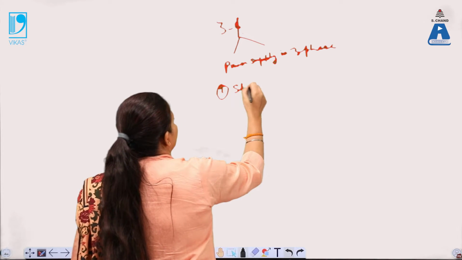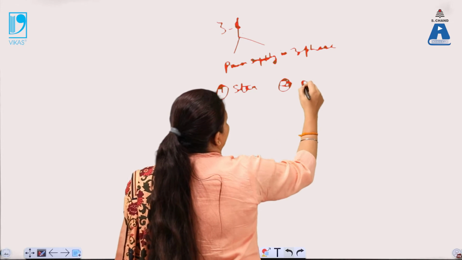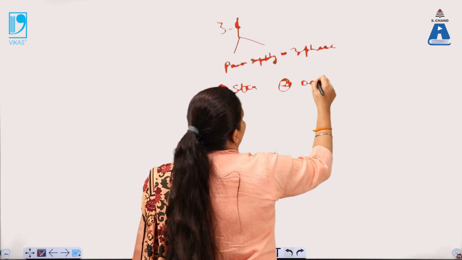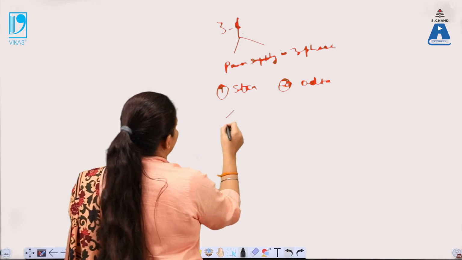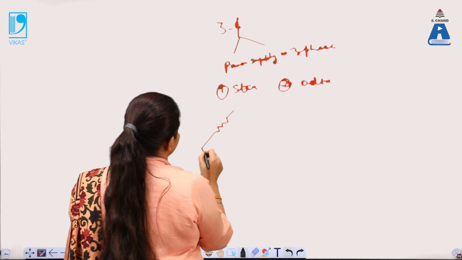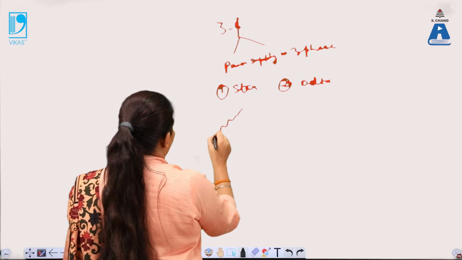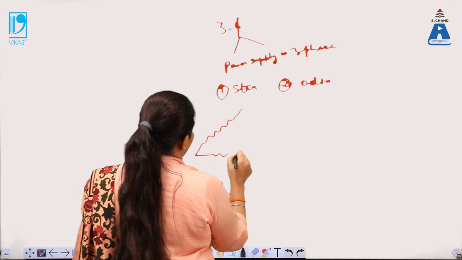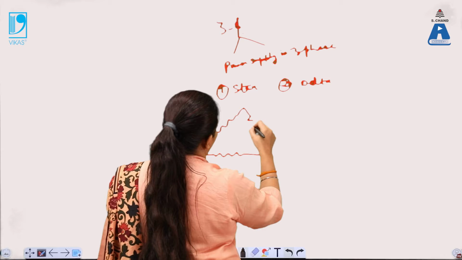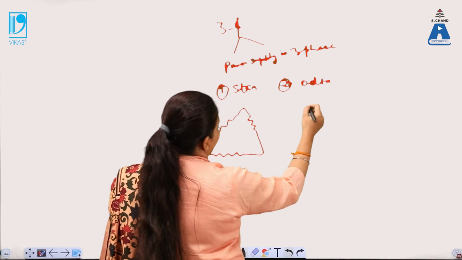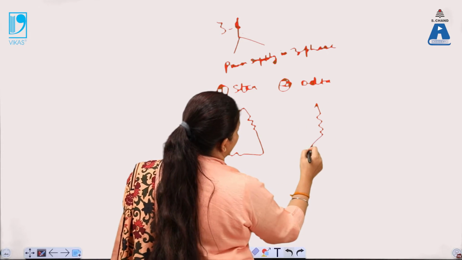One is a star and the second one is a delta. So, in the star configuration, now this is a delta configuration.